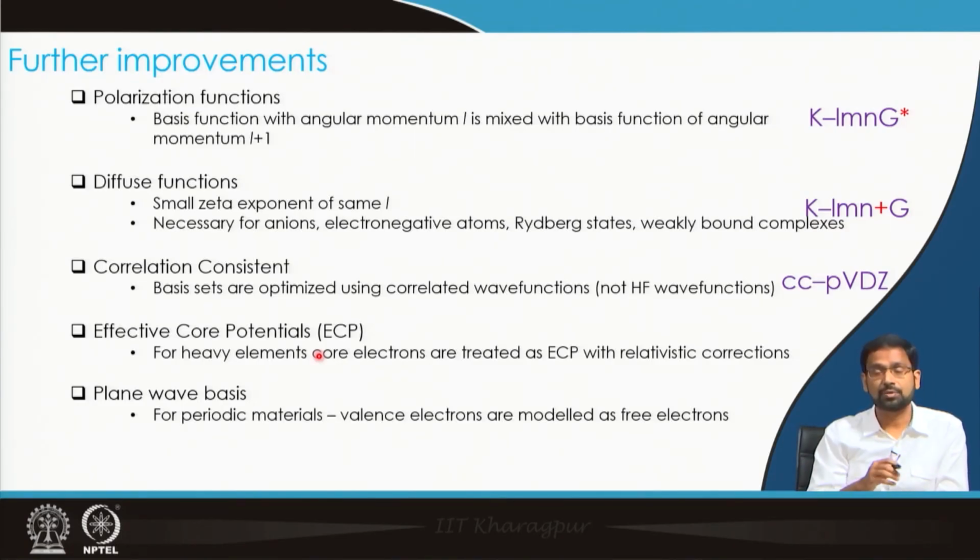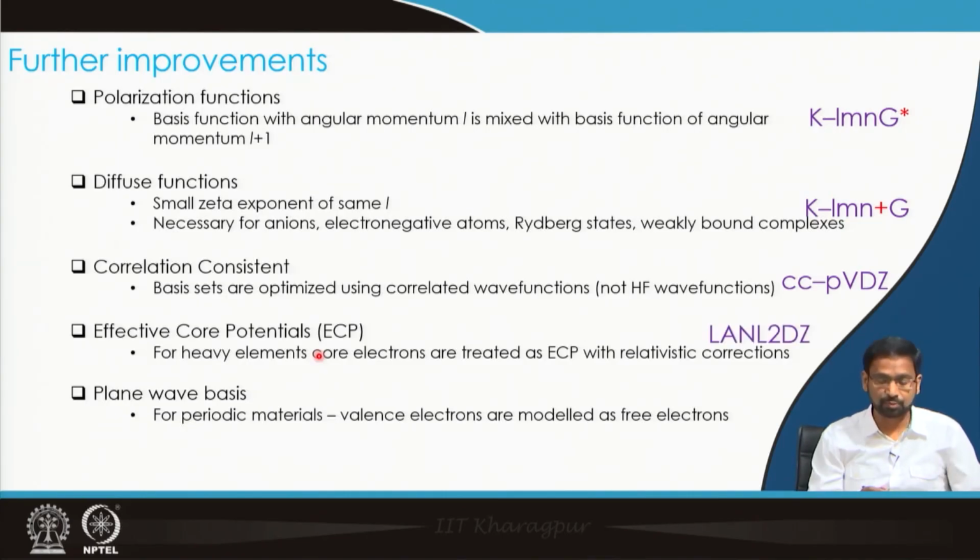In addition to that, there was also another need, because in heavy elements, the core electrons are of course inert for chemical purposes, but they also have an important contribution, in particular to the relativistic effects. Therefore, these effective core potentials were designed in such a way that they also incorporate the relativistic effects that are present in these elements.